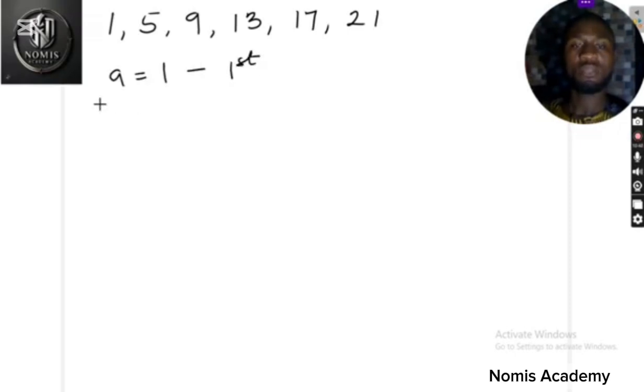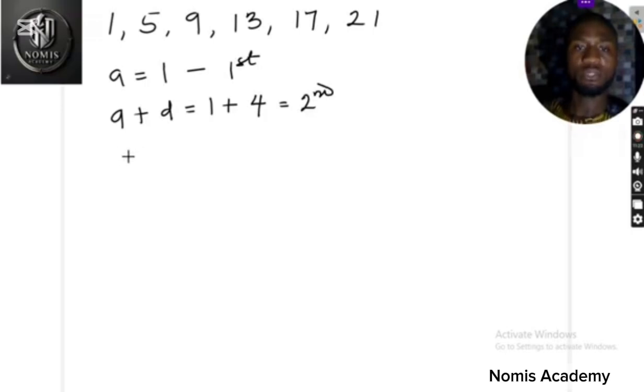And what was my second term? My second term is a plus d. That is the first term plus the common difference, which was 4, and that gives me the second term.